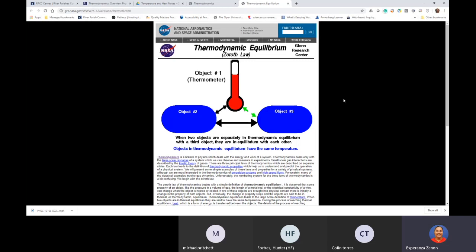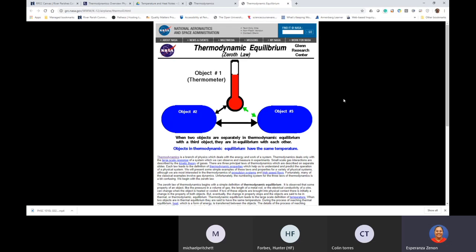So it says basically when two objects are separately in thermodynamic equilibrium with a third object, they are in equilibrium with each other. And the blue really kind of summarizes the gist of this law. Objects in thermodynamic equilibrium have the same temperature. So if you put a hot object and a cold object together, the heat is going to transfer from the hot object to the cold object, but it is only going to continue to do that until the temperature is the same.